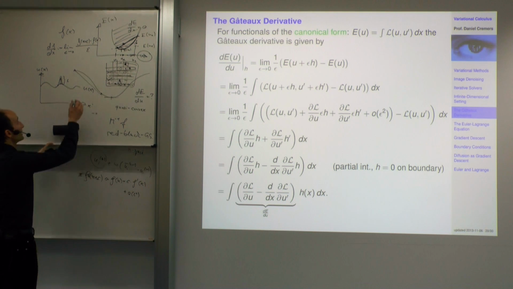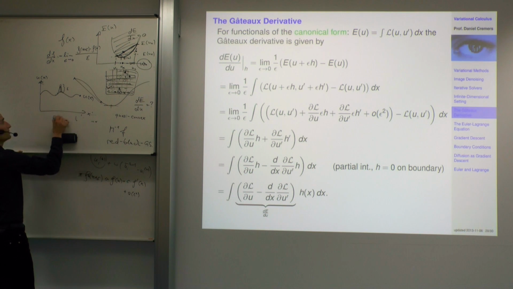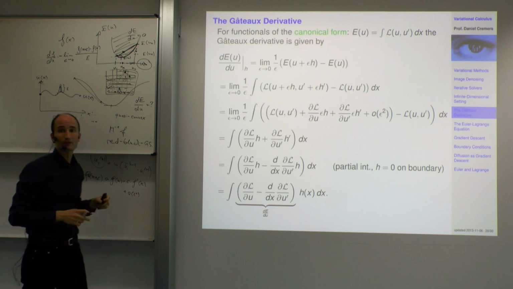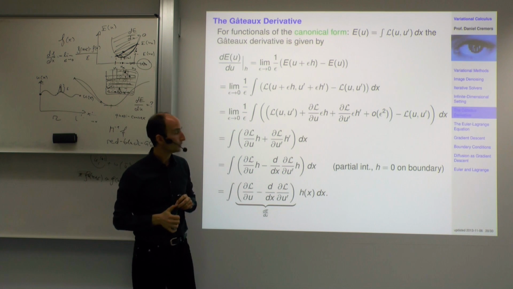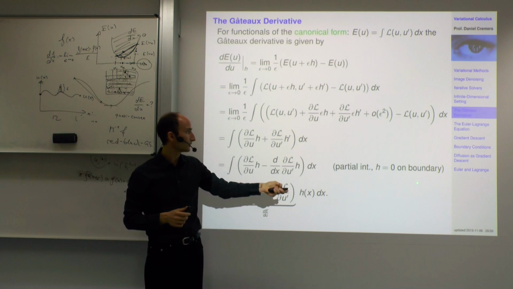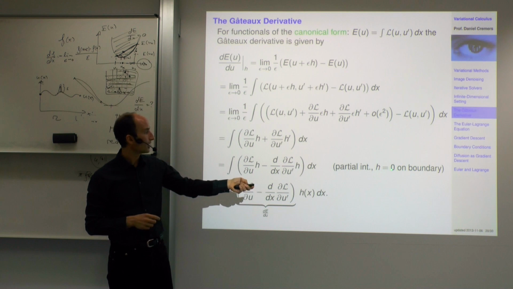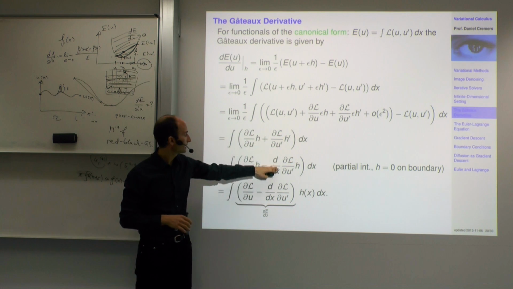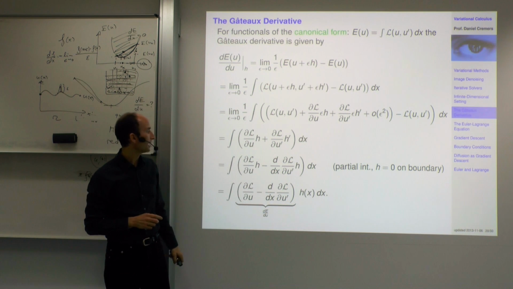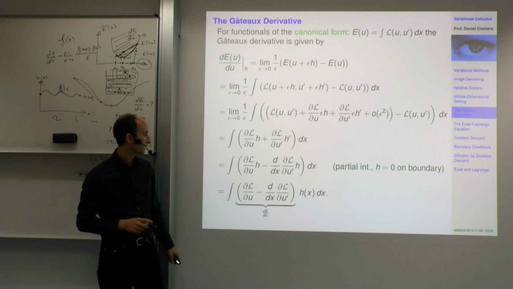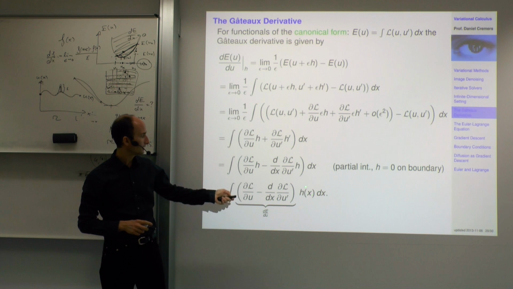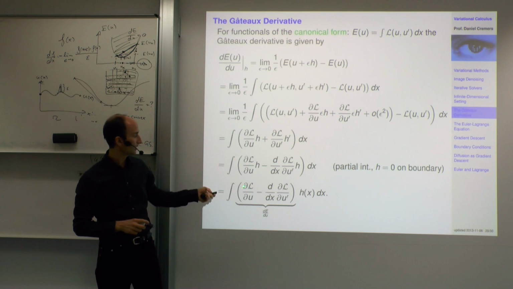Which means in practice we consider perturbations in our domain omega which are such that u is fixed at these boundary values, so h is only non-zero inside. We'll come back to the question of boundary conditions later, but for now we assume h is 0, so then this converts to that, and now we can extract h, right? We can pull it out, and what we end up with is h times this thing in the brackets.